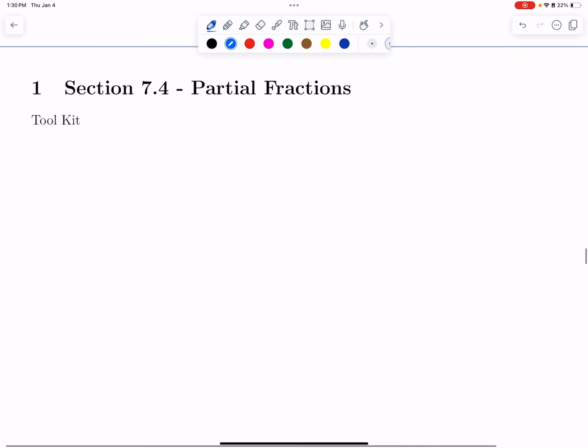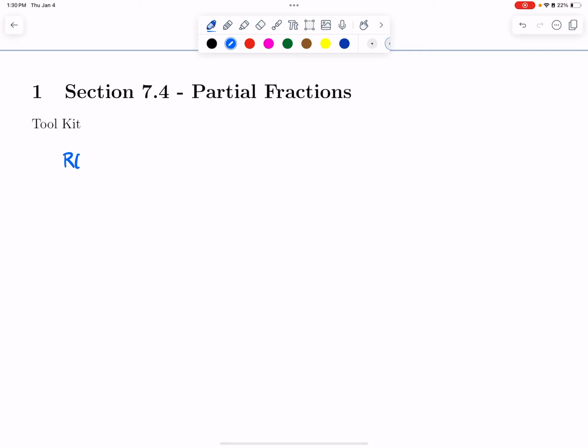So our rational function, we'll call it r of x, is a function that is a quotient of polynomials. Okay, so the numerator and the denominator are polynomials, and that is what makes it a rational function.